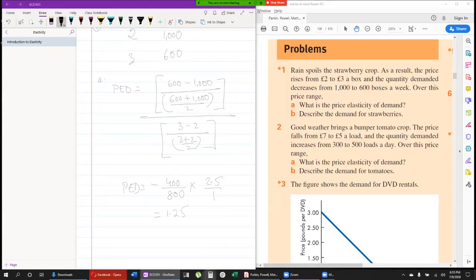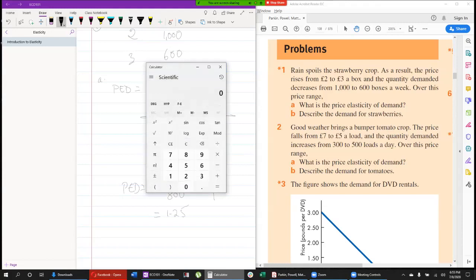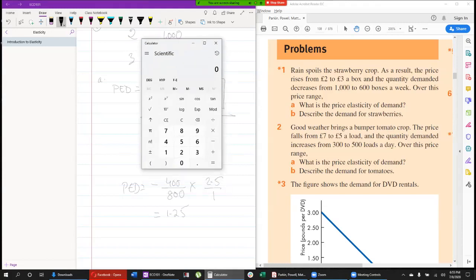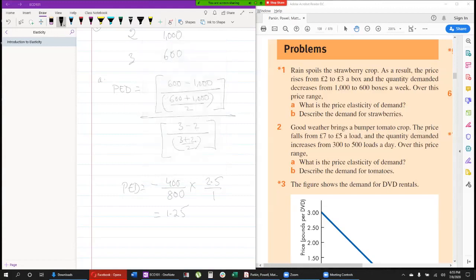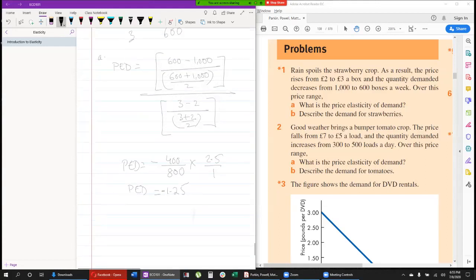Just give me a minute. I'll just use a calculator and make sure that I have got it correctly. Okay, and of course remember there is a minus sign, so PED is 1.25.